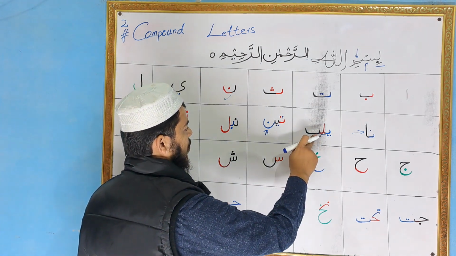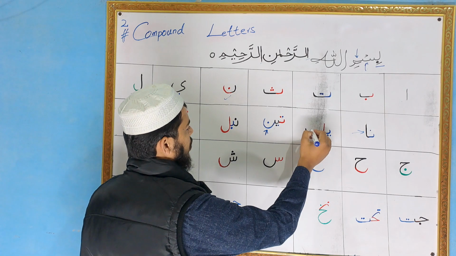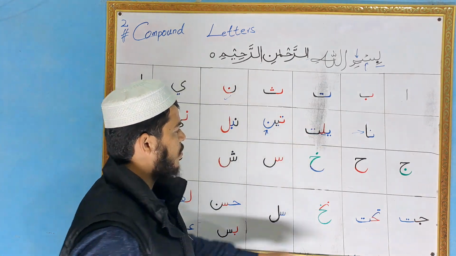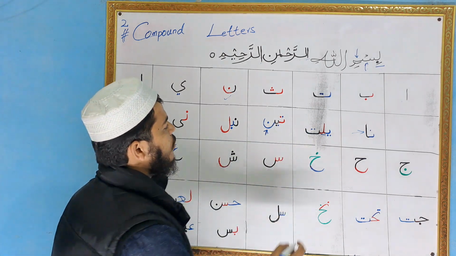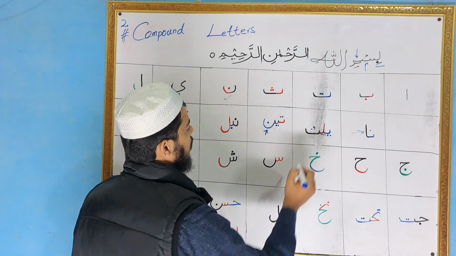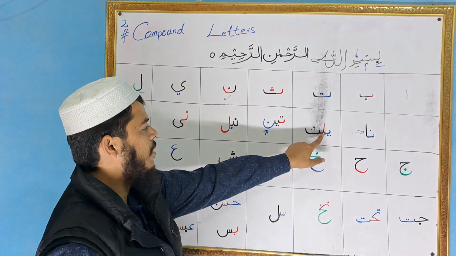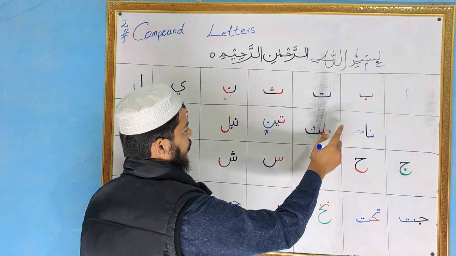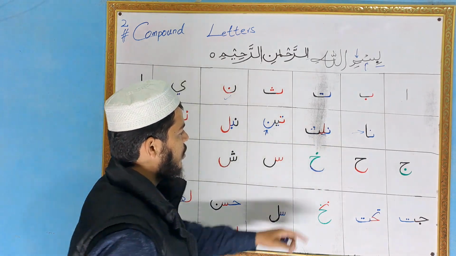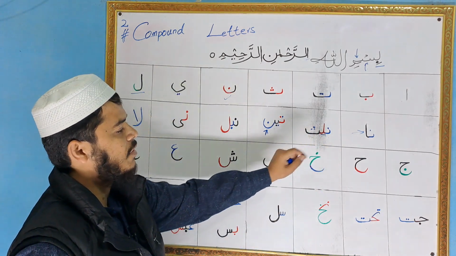We can change the placement of dot. You can say ya, lam, ta. If we put another dot there, this one will be ya, lam, sa. And now it will be noon, lam, sa.